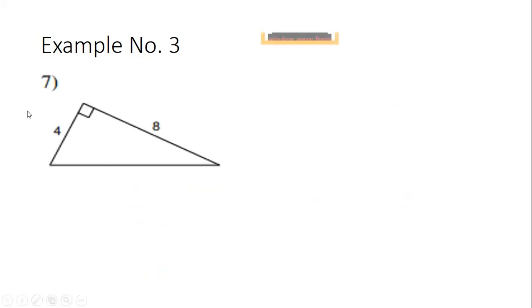Our third example is we have here two sides of the right triangle given. So we can easily use the Pythagorean theorem for this, using what formula? This is c squared, which is equal to a squared plus b squared.